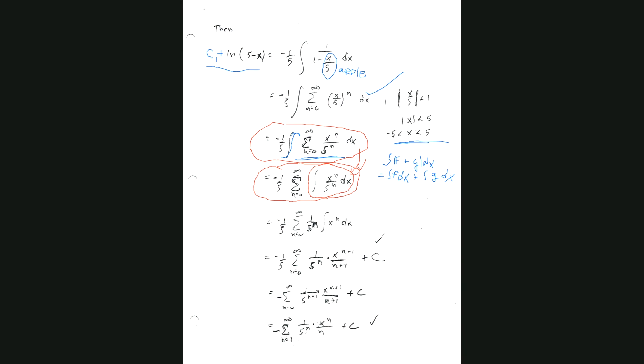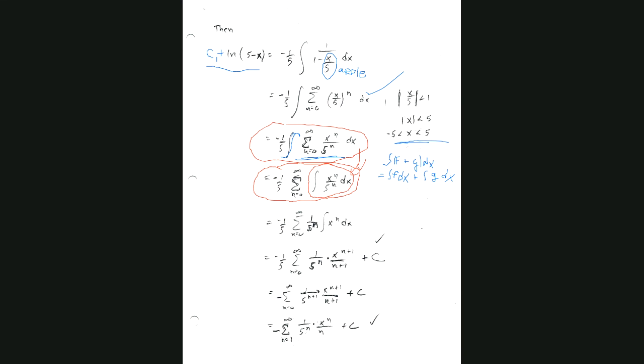So what's treated as a constant there? What can we treat as a constant? That's right, John, the 5 to the nth power. Our integral is with respect to x, so 5 to the nth is a constant relative to the integral. So we can factor it out.